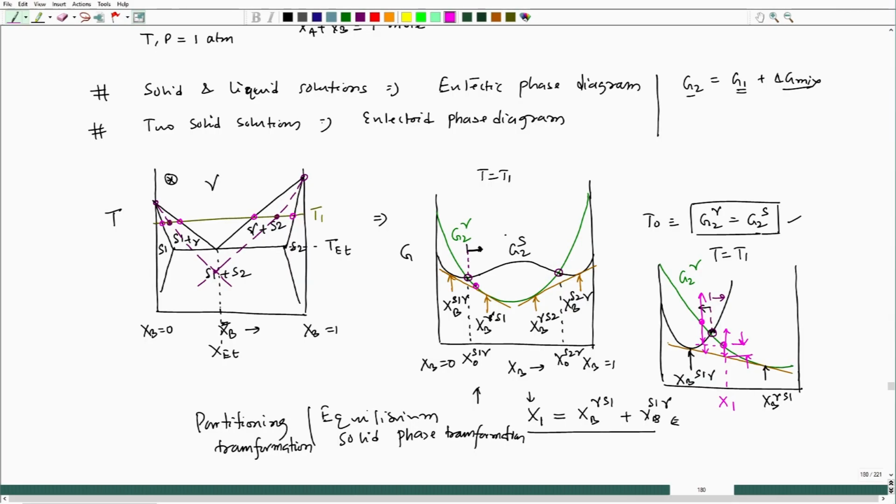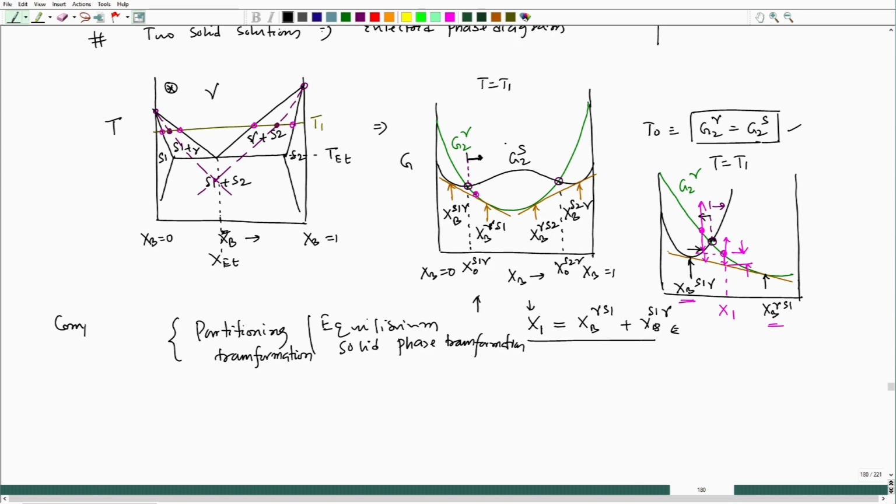But also that phase will be metastable, because the final equilibrium phase definitely has this and this composition. So, finally it will definitely come back to those equilibrium phases, but in between it can actually stay at this location.